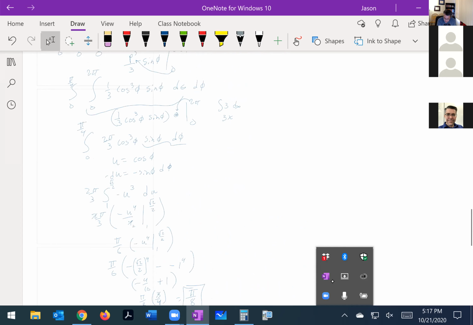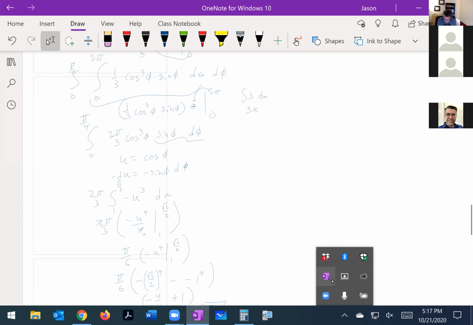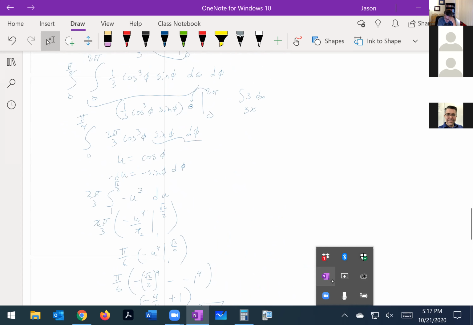Like right before the u substitution, with the 2 pi over 3 cosine to the 3rd and then sine, would it be possible to do the same thing but without u and just do negative some constant times cosine to the fourth and then sine or no sine?